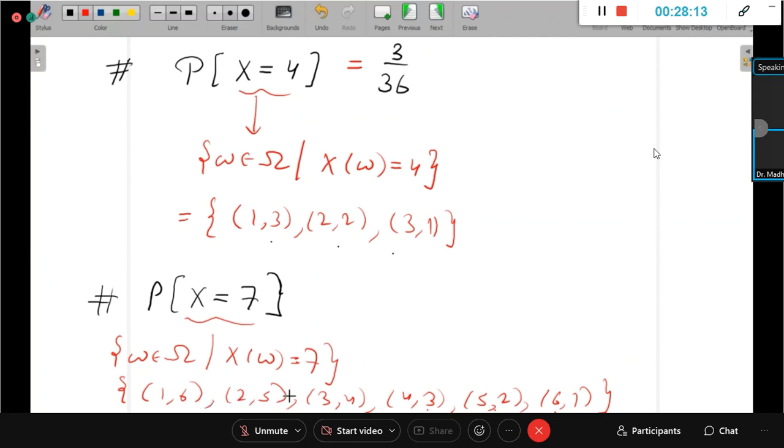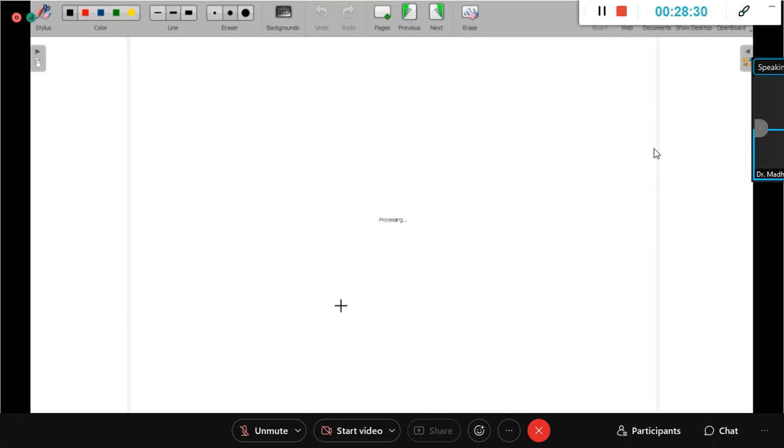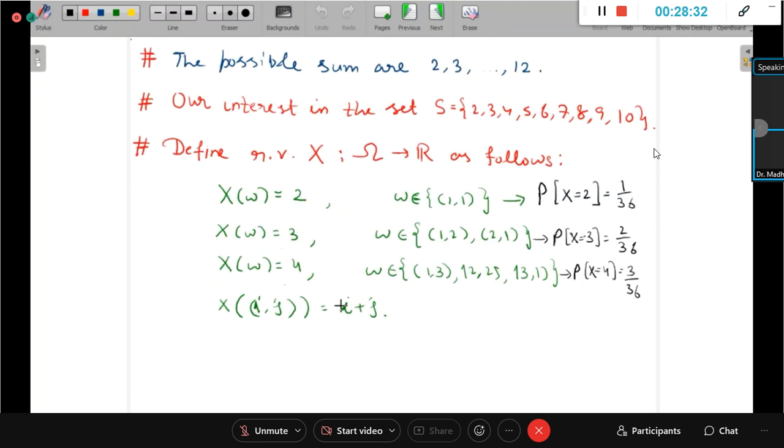All six are equally likely. Individually they are mutually exclusive, so you can apply the countable additivity property here, and this is equal to 6 by 36. You can assign the probability like this, and so on.